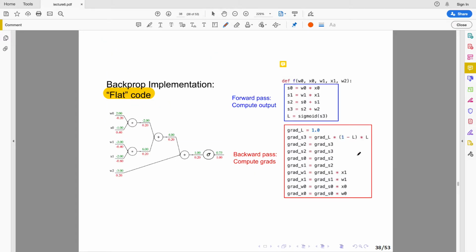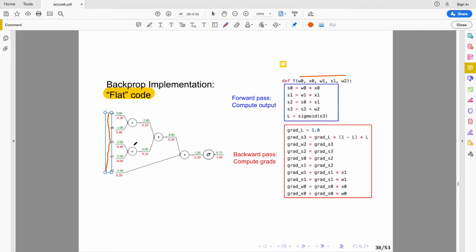Alright, so this is how we can do back propagation, implementing it in code. So what do we do? Essentially, we just define a function. This function takes in all our inputs, w0, x0, w1, x1, up to w2. That is what you have in this place. You can calculate s0, which is going to be w0 multiplied by x0.